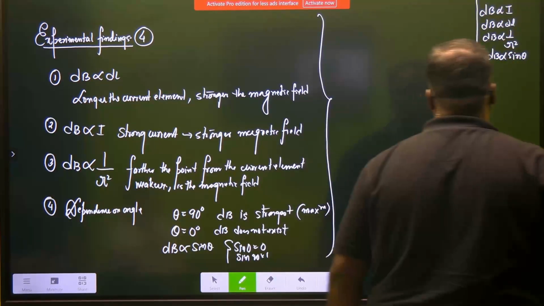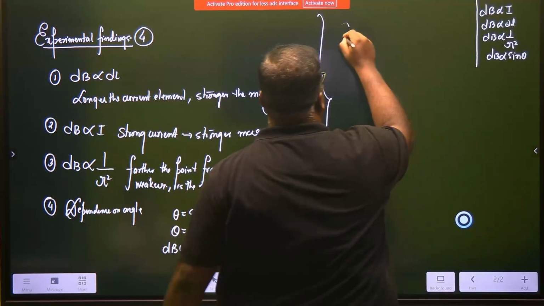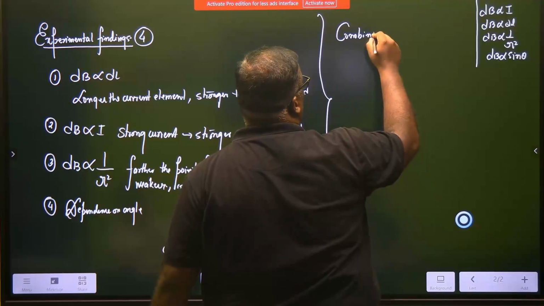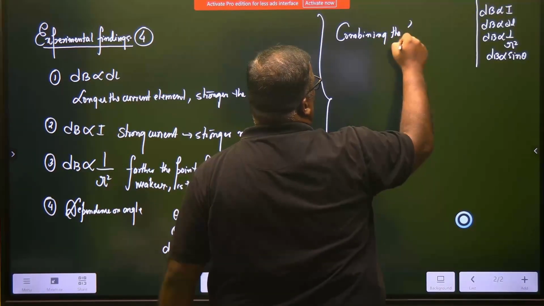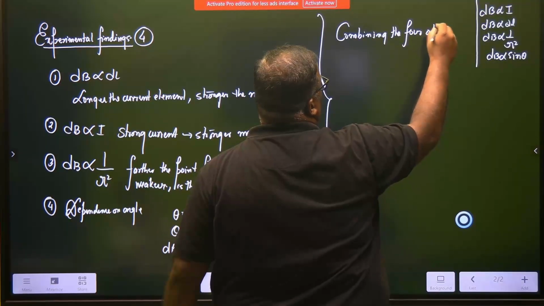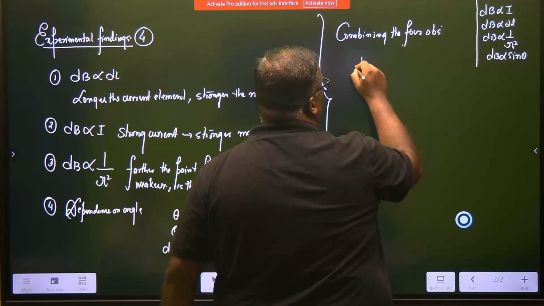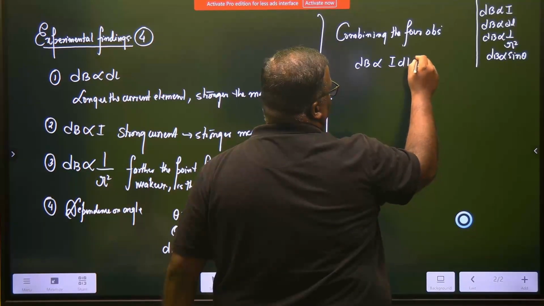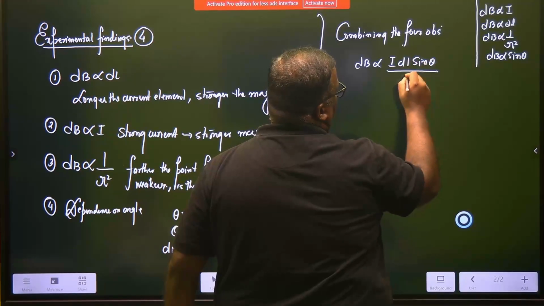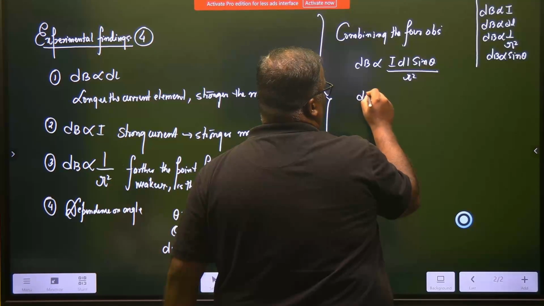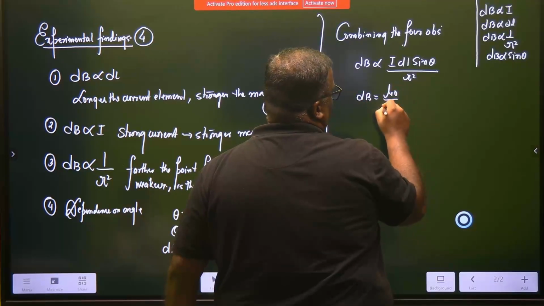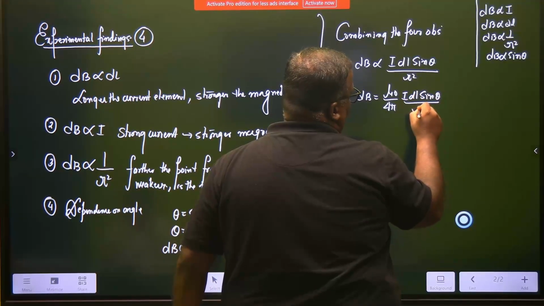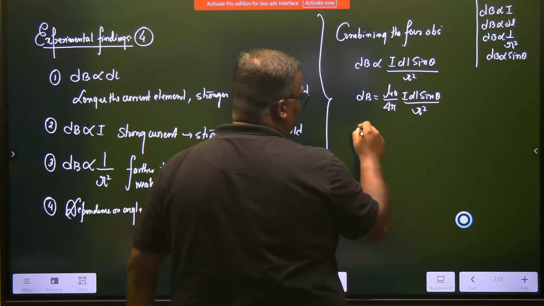Now combining the 4 observations, dB is proportional to I dL sine theta divided by R square. So dB is equal to mu naught by 4 pi, I dL sine theta by R square.